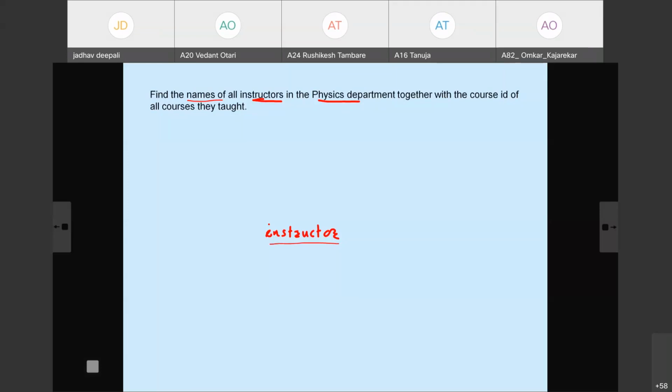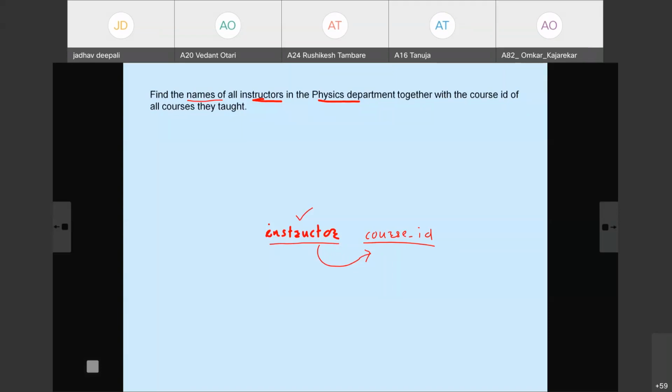Now the remaining part of the query: together with what we want, the course ID of all courses they taught. Is course ID available in the instructor relation? No, course ID is not available in the instructor. We want those instructors who teach these course IDs, and those instructors are from the physics department. So it is confirmed that we require the instructor relation. Along with that, which relation do we require?